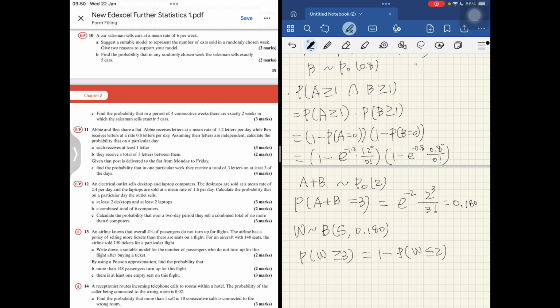I use the distribution function on my calculator. If you don't have it, you can calculate W equals 0, W equals 1, W equals 2, and add them up. Now I'll use binomial CDF, number of trials 5, success probability 0.180, and X value 2.